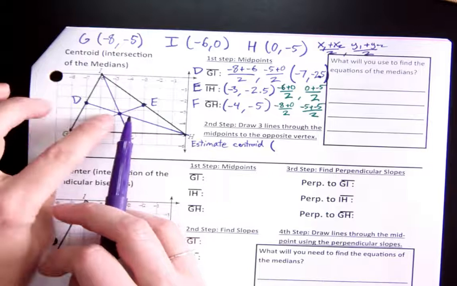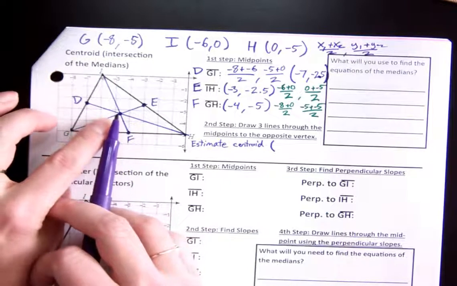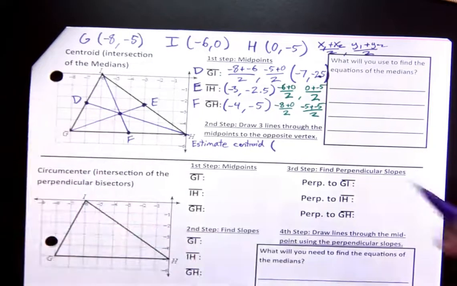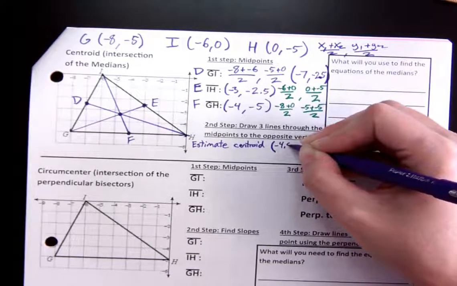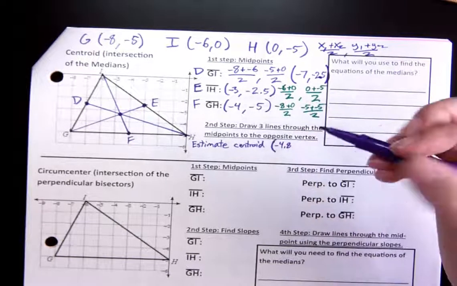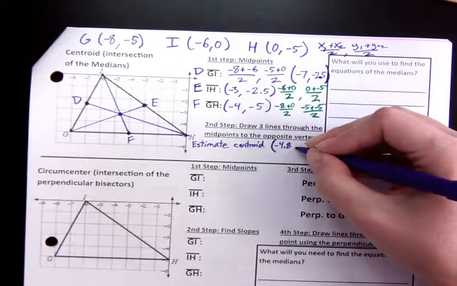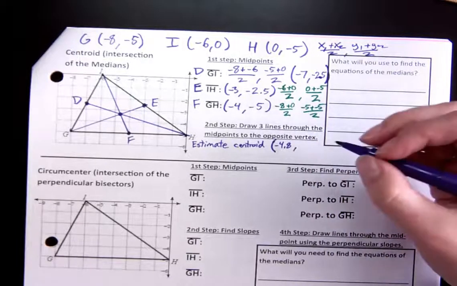So it's between -4 and -5, so we're going to pick a decimal for it. What do you think? Is it -4.5 or is it a little more? -4.6. Yeah, so I'd say anywhere like -4.6, -4.7, -4.8. But that's what an estimate is saying, hey, about where is that? How about our Y value? What would you say that is?